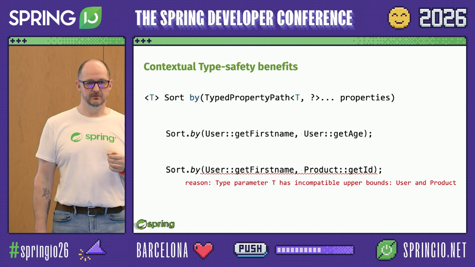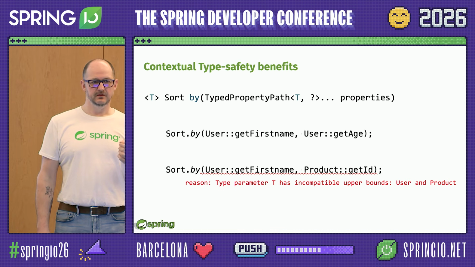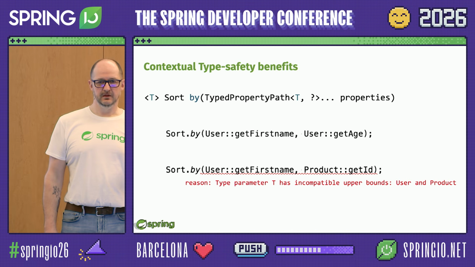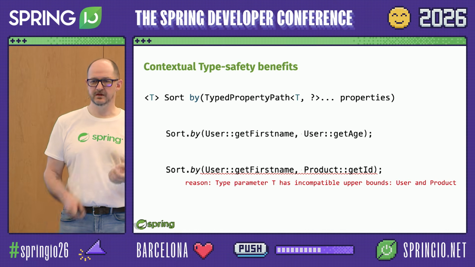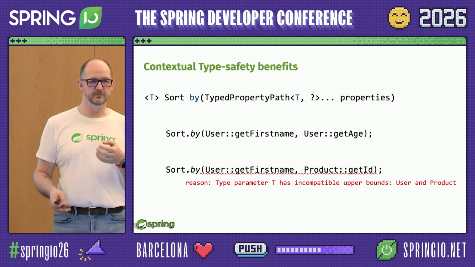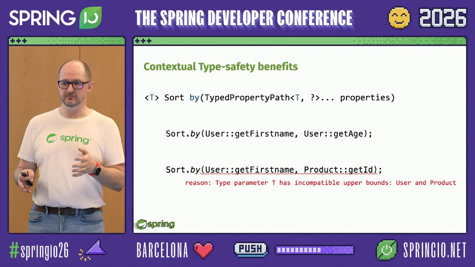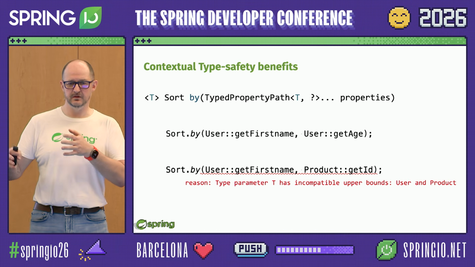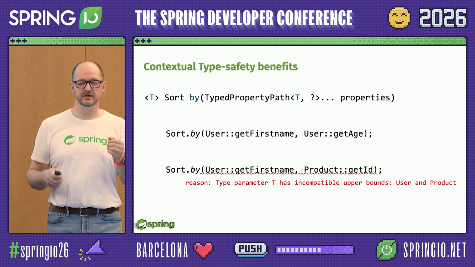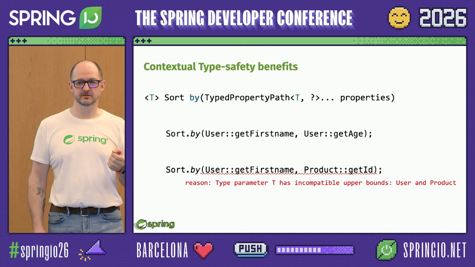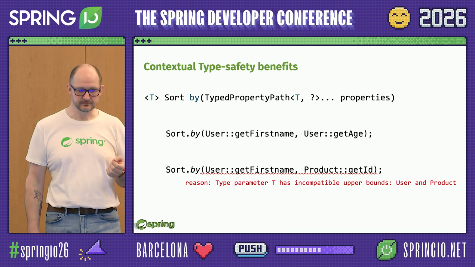So what can we do with that? In a sort arrangement, and in many other cases as well, we typically expect those properties to originate from the very same type that we are already operating in. It would be kind of weird to sort by username and then order ID, while order ID comes from a totally independent order object. We can express that as a constraint with generic bounds.